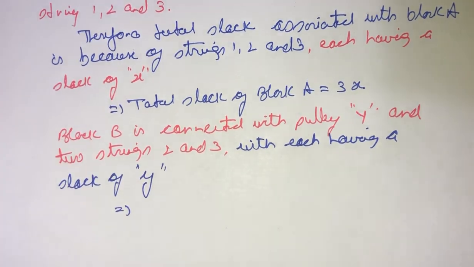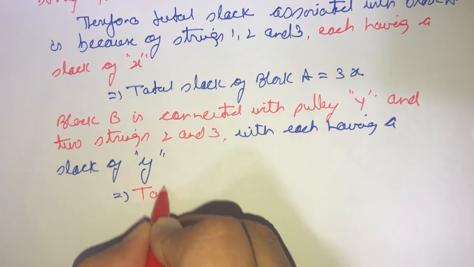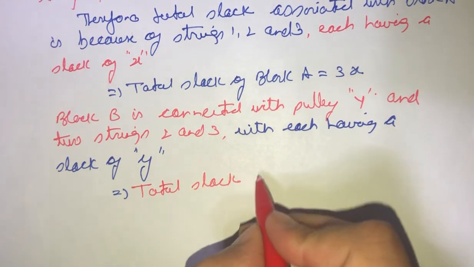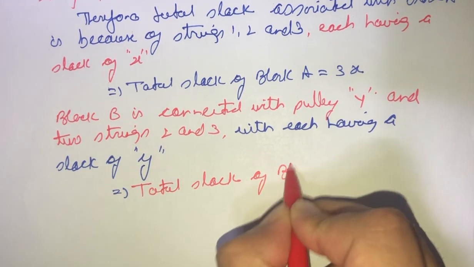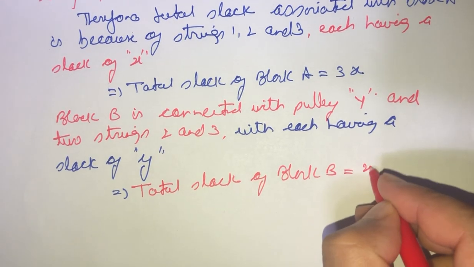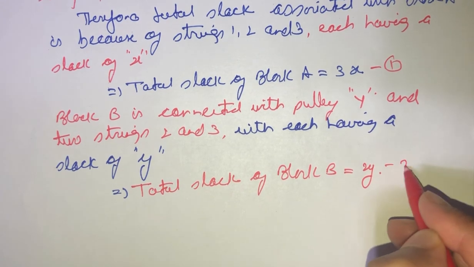Therefore the total slack that will be associated with block B will be 2y. Thus we can say the total slack of block B will be equal to 2y. So let us call this equation 1 and this we call equation 2.